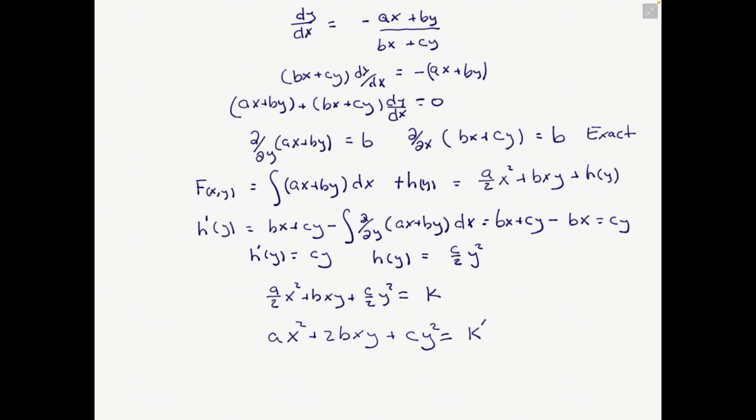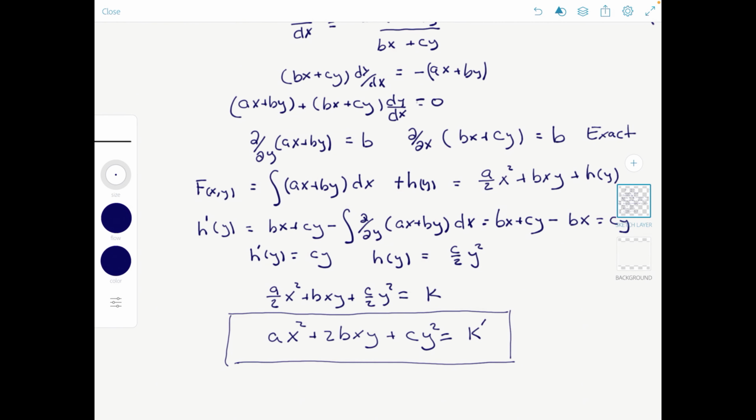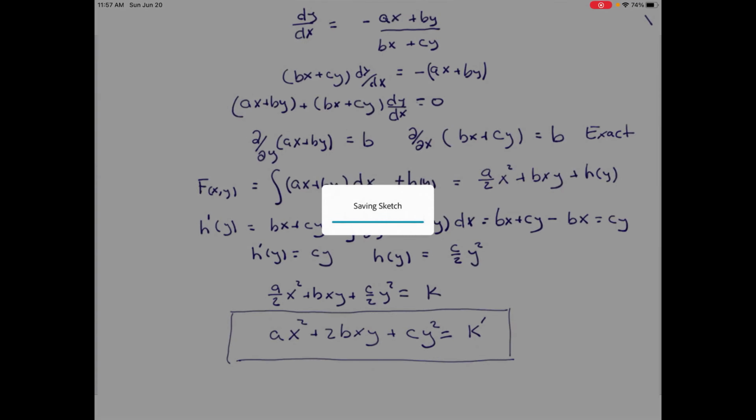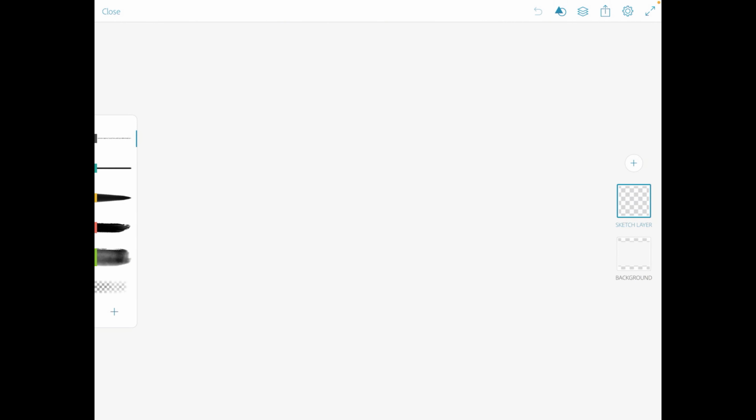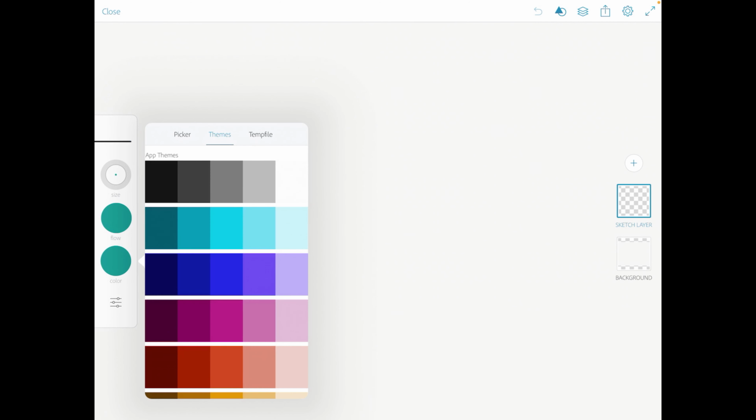And we can always multiply through by 2, so we have ax squared plus 2bxy plus cy squared equals some constant prime. And that's it. That's our solution.